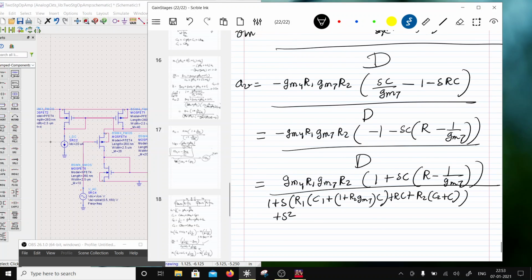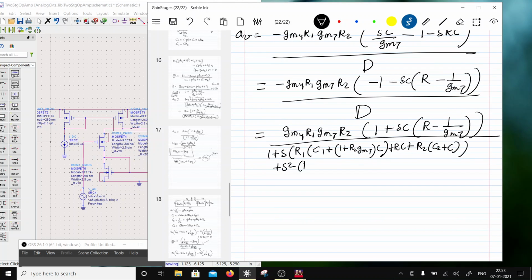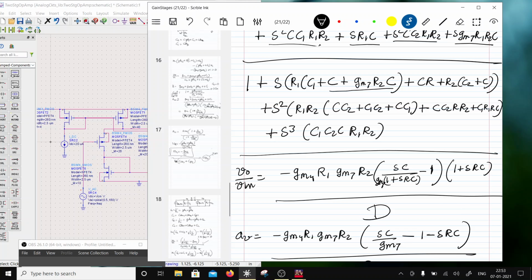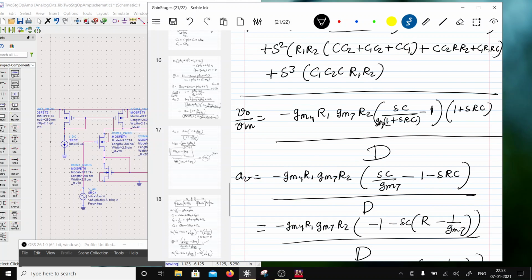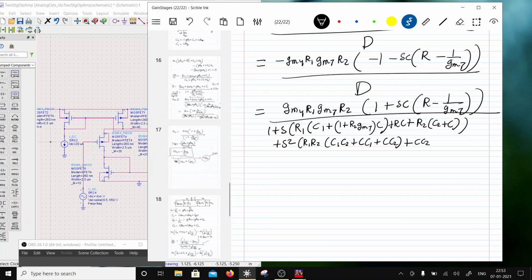I'm going to throw out the S cube term, so I am just going to have S square term, which will be R1 R2 times of cyclic multiplication C1 C2, C1 and then C2. That's cyclic multiplication plus two terms as it's C2 RR2 C1 RR1, C2 RR2 plus C1 RR1. Okay, and I have thrown out the cube term.